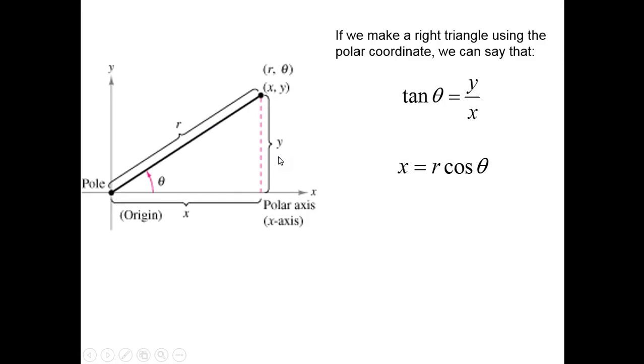Likewise, an expression for y would involve sine theta because it's opposite. So y would equal r sine theta. And then last, just using the Pythagorean theorem, we could say x squared plus y squared equals r squared. Hopefully these look slightly familiar to you. It's been a while since you've used them, but I think you did use these back in pre-calculus a little bit.